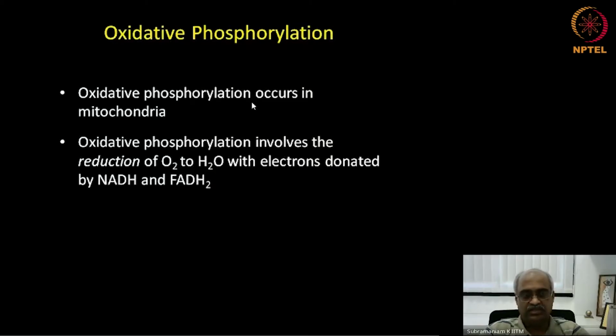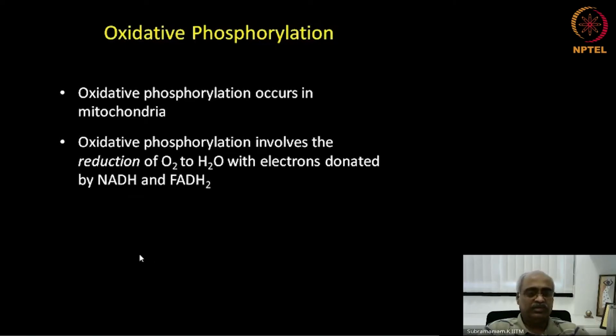So the oxidation is coupled to phosphorylation, and that is where the term oxidative phosphorylation comes from. This process happens in mitochondria, and as I mentioned in the last class or the one before that, it was discovered by the author of this book, Albert Lehninger, and another scientist by name Eugene Kennedy.